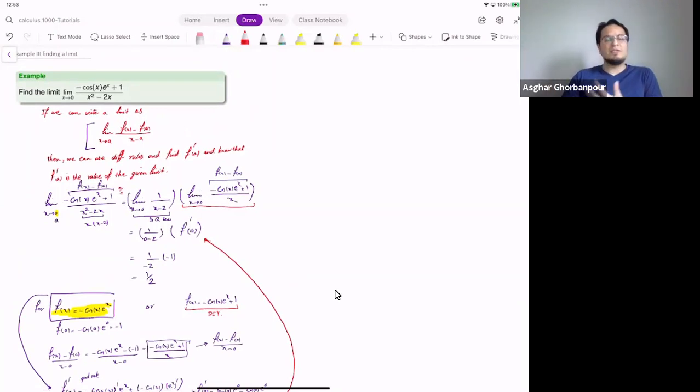So if you start from the basic idea of 0 over 0, that could be the source of where you start thinking of how I should deal with this thing. One way is that I turn this or part of this limit into a limit that defines the derivative of a function at a point.